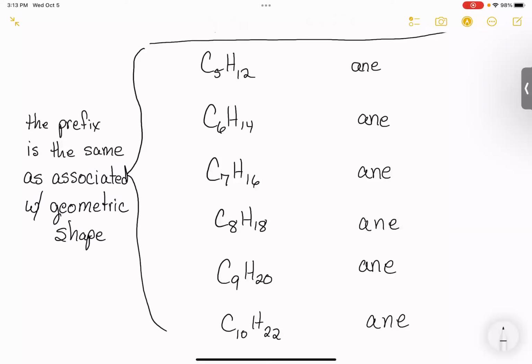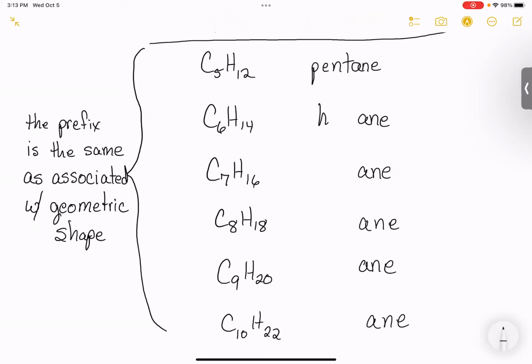So if I asked you what a 5-sided shape is called, it'd be a pentagon. Well, this is pentane. If I asked you what a 6-sided shape is called, it's not sextane, hexa.